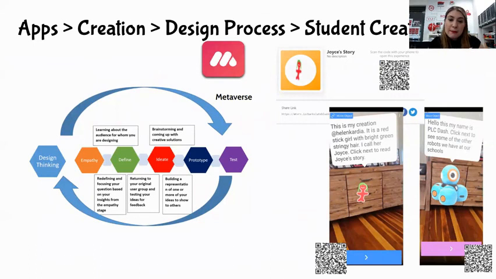And within Metaverse as well, students can actually upload their own images or make their own creations and then upload it into the app and create a virtual experience with their own object, which really ties in quite nicely with that design thinking framework when we're structuring our work around that design curriculum.